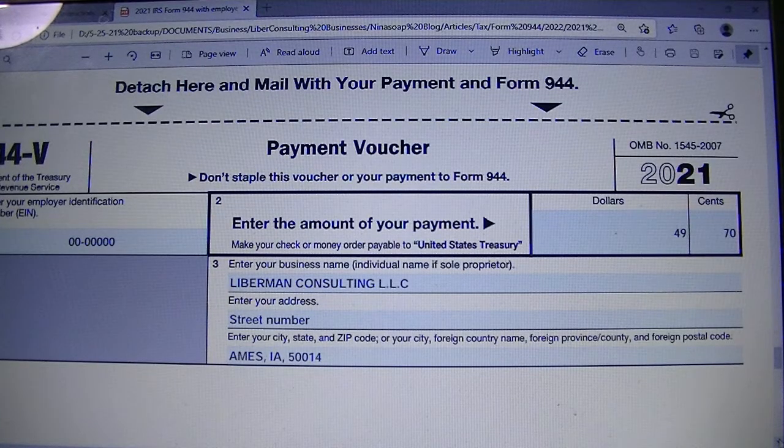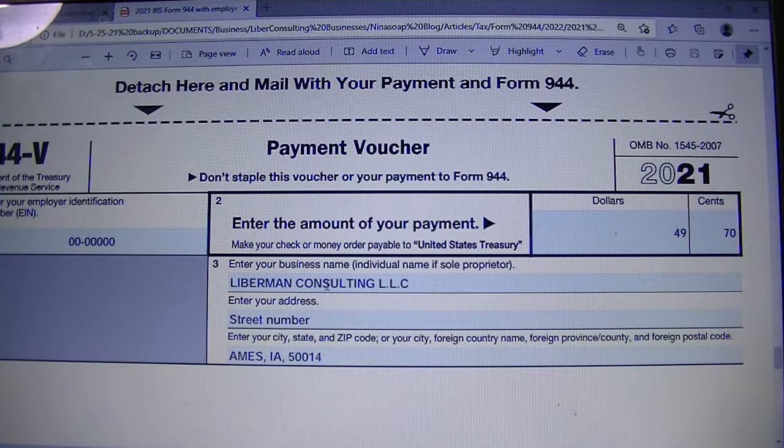So if you are going to include the payment with your Form 944, you will enter your business EIN number on the Form 944-V. You'll include the dollar amount, so you see dollars and cents. We have 49.70.